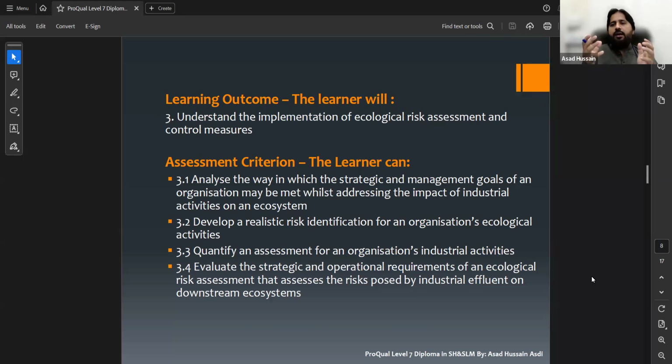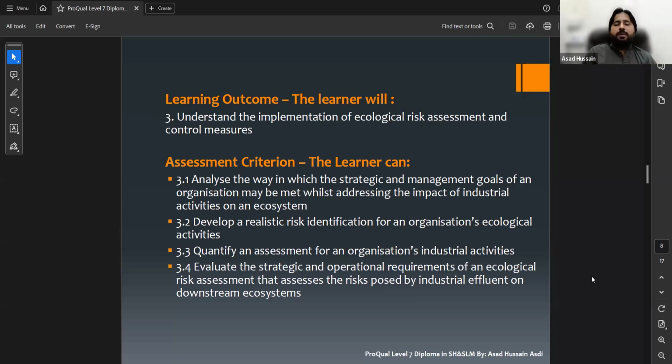Why they are necessary, why we are using that, and why we have to do ecological risk assessment. So everything should be there, and it should be coming from the top management. And again, in case of supporting this 3.4 assessment criteria, evidence is required.